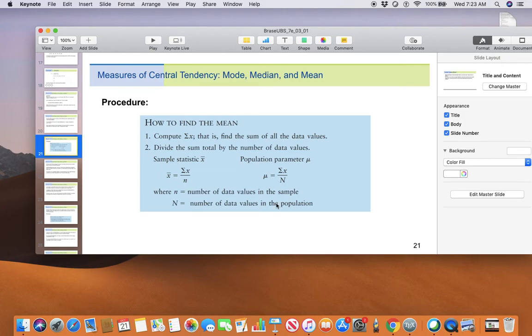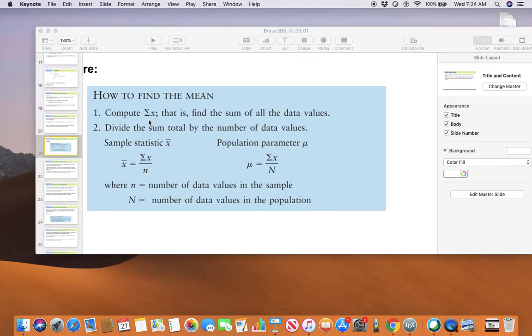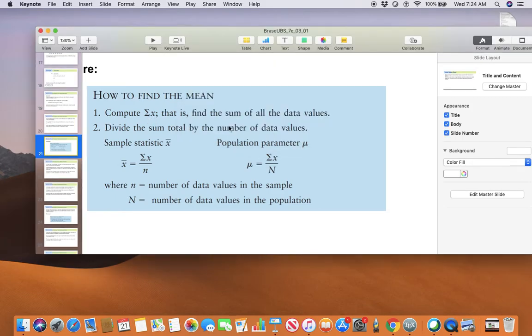All right, here we go. So how do you find the mean? Take the summation of x, that is, find the sum of all the data values. Divide the sum total by the number of data values. For a sample, you call it x bar. X bar is summation x over little n.